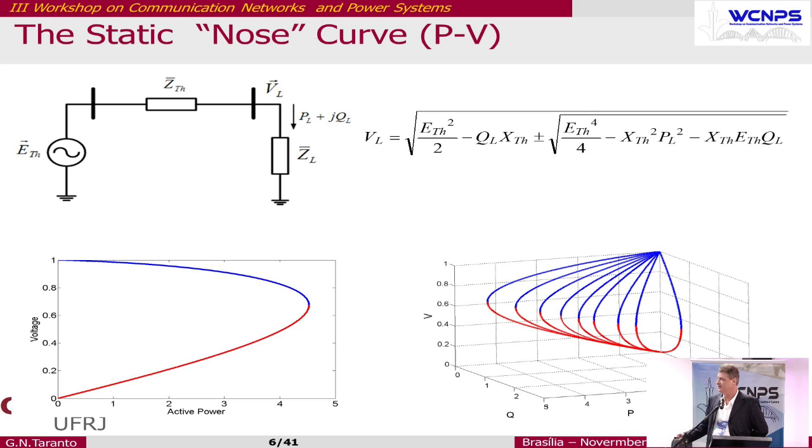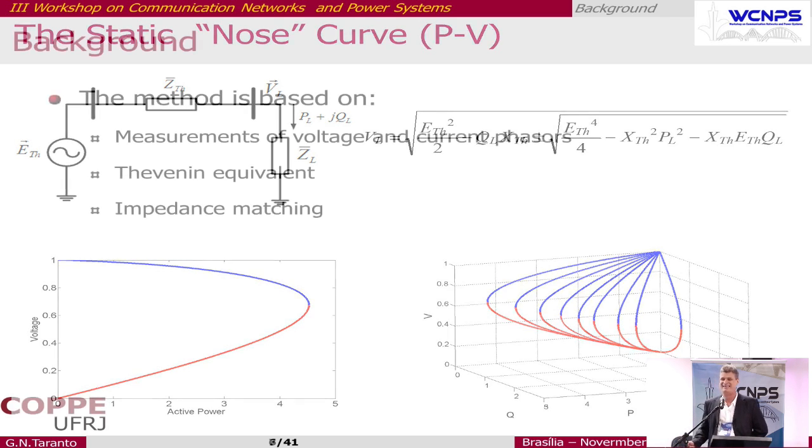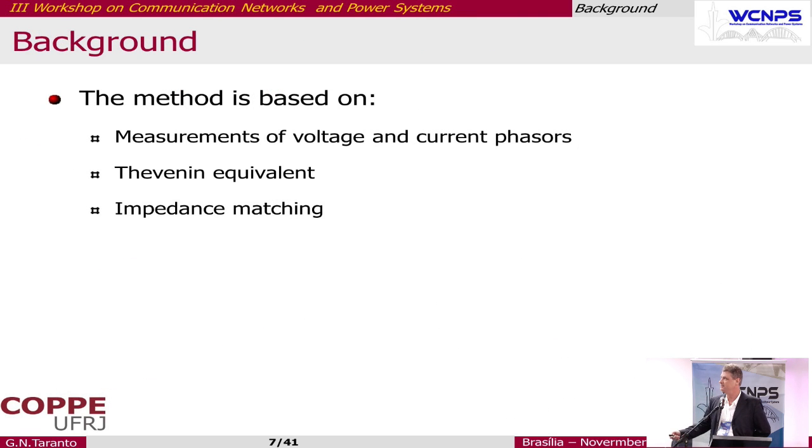Okay, so my background here is I use the measurements of voltage and current phasors at this point here, at the load bus that you are analyzing. I use some ideas of Thevenin equivalent and impedance matching.